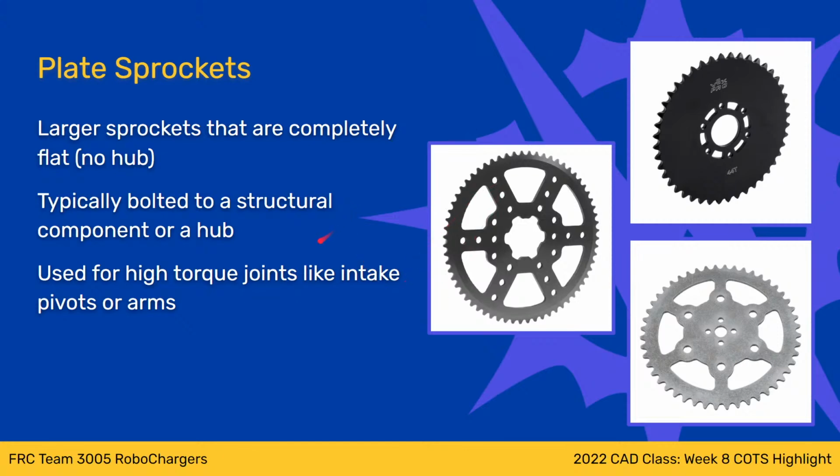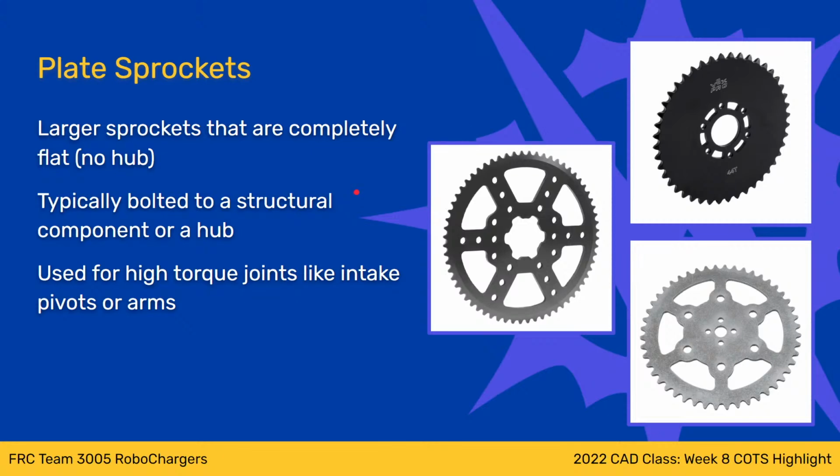So one of the best applications for a plate sprocket is if you want a high torque arm, or you want to pivot an intake or something like that. You would attach the sprocket to your structure directly. You wouldn't even use a shaft as a torque transfer interface. You would just attach the sprocket directly to your structure, and then you would pivot your structure using that sprocket.